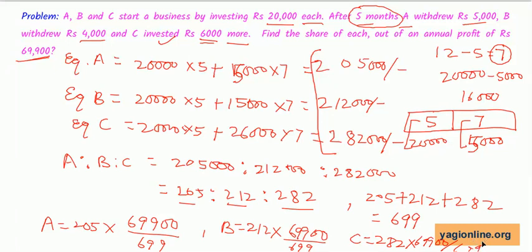So this was the case when we have different time periods. Investment is made for not equal time periods but different time periods. Let's see another type of problem.